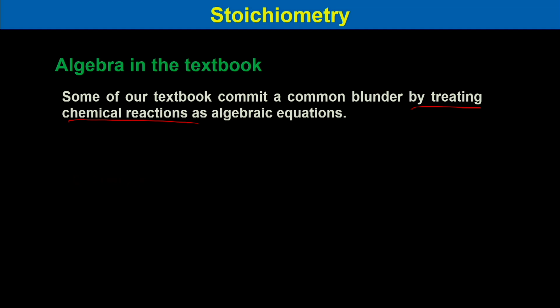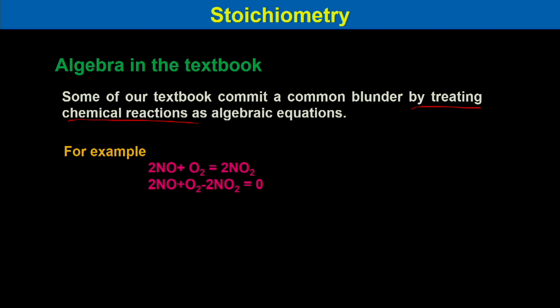For example, if we consider nitric oxide reacting with oxygen to form nitrogen dioxide, and it is written like this, then we can just take twice NO2 to the left side and write 2NO plus O2 minus 2NO2 is equal to 0.